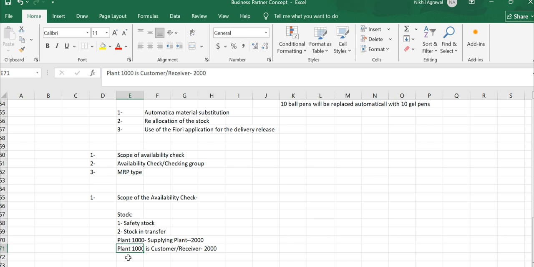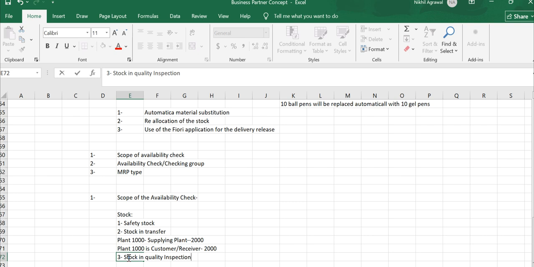Third, we will discuss the quality inspection stock. Third is stock in quality inspection. Guys, this is the stock wherein the organization has identified that the stock is not up to the mark.